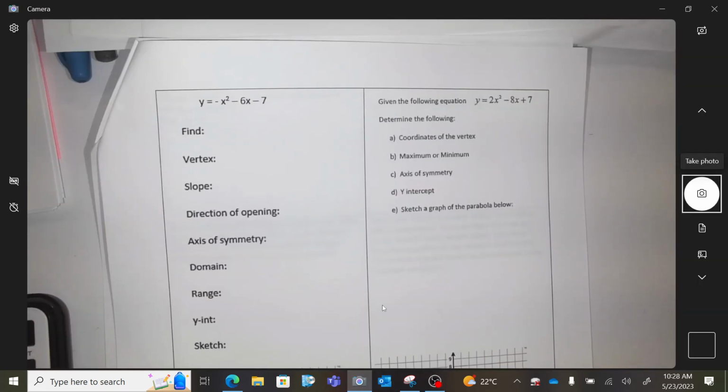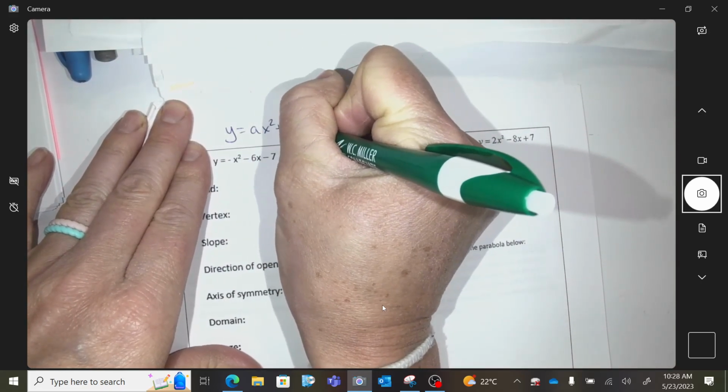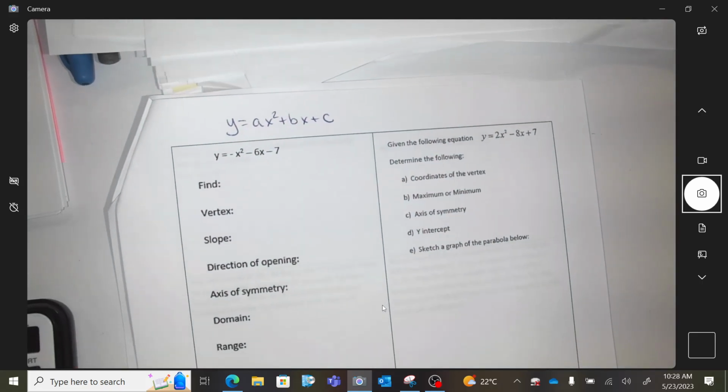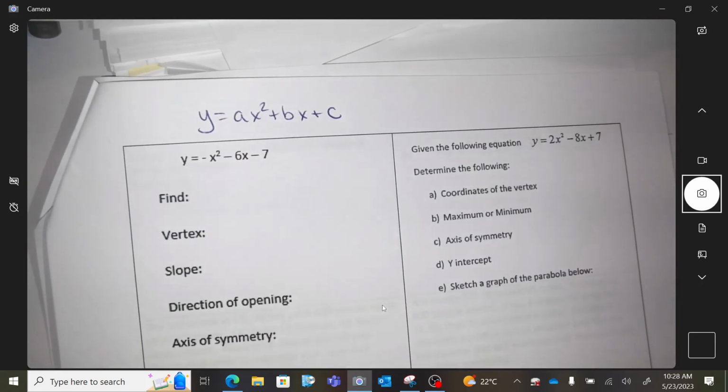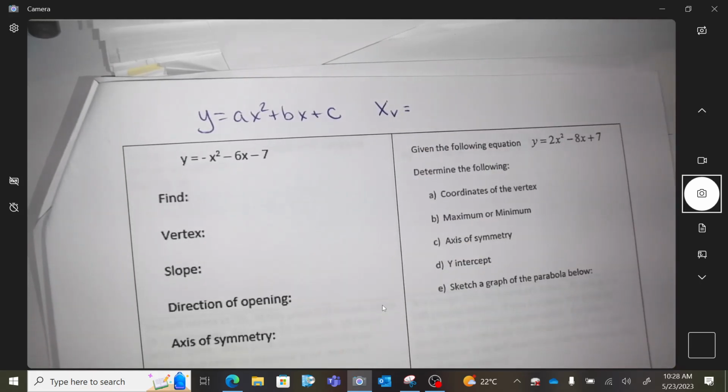Okay, this is another graphing quadratic, and yes, there's going to be both of them on your exam. We just did one form, now we're going to do the other. So on your formula sheet on the exam, you would see that format for a quadratic. And you would also see x of the vertex equals, and then there's a little formula.